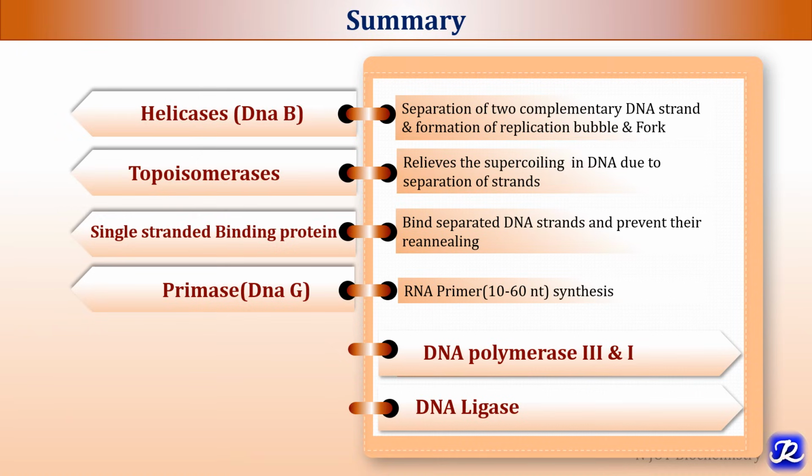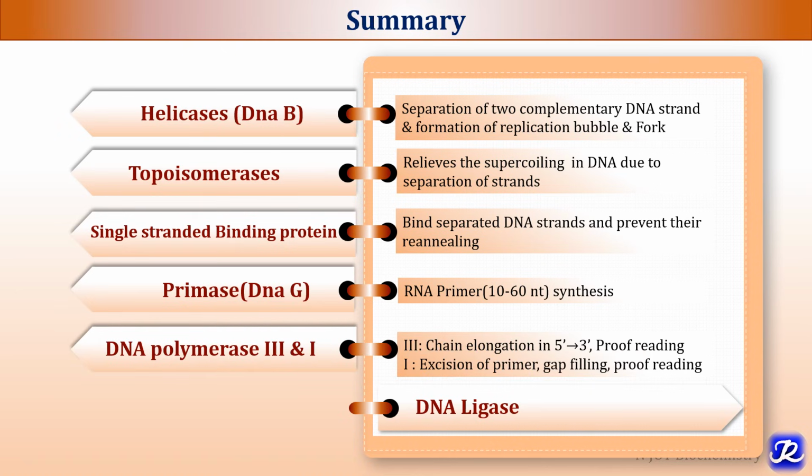Two important polymerase enzymes are DNA polymerase 3 and 1. DNA polymerase 3 is responsible for chain elongation in 5' to 3' direction on both the leading strand as well as the lagging strand, and it also has proofreading activity. And DNA polymerase 1 is responsible for excision of primer, gap filling as well as proofreading activity.